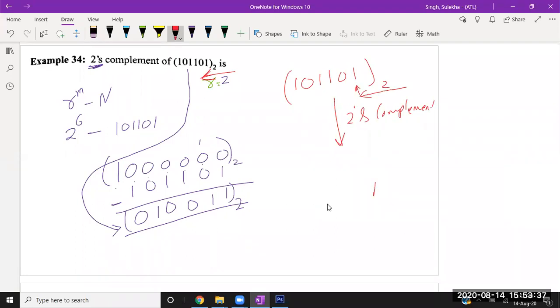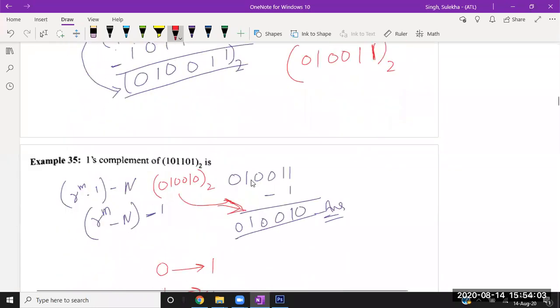Till your first one, you need to write all the numbers as they are. Before this, there is no number. If there are zeros, you need to write all zeros also. After reaching your first one, invert all the other numbers. Like in place of 0, I need to write 1. In place of 1, I need to write 0. In place of 0, I need to write 1. In place of 1, I write 0. And this is my two's complement.